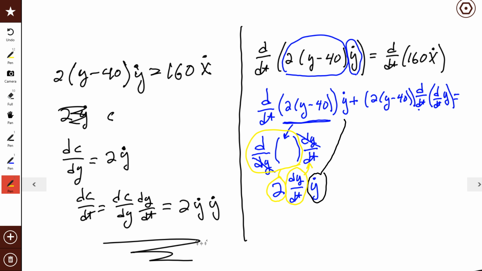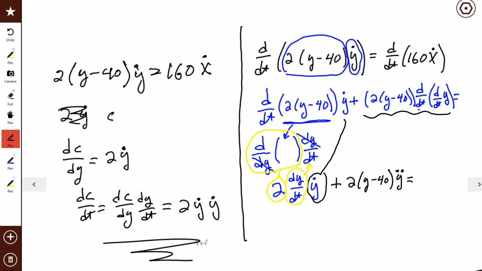Then I'm going to take all this, so that'd be plus (2y − 40), and this is the d/dt of y dot. That's going to be the second derivative of y.